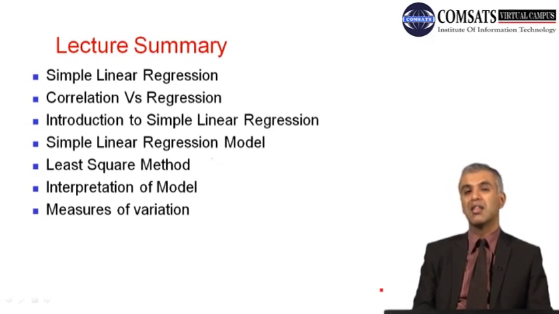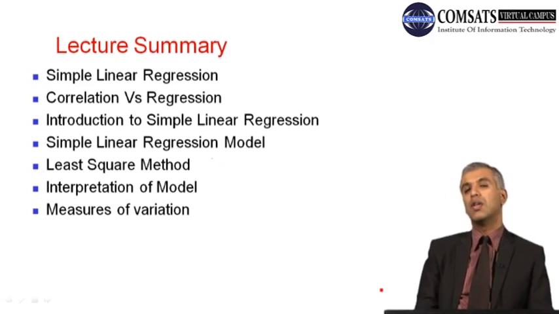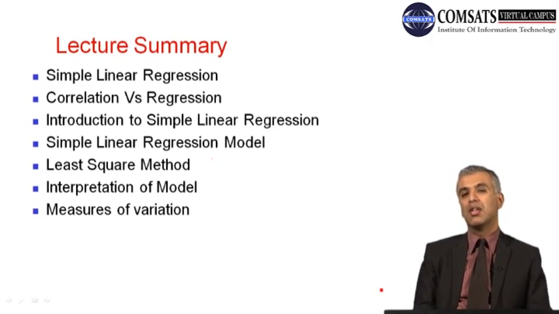And again, slope gives us the rate of change between these independent and dependent variables, and how a 1 unit increase in the independent variable will cause change in the dependent variable.